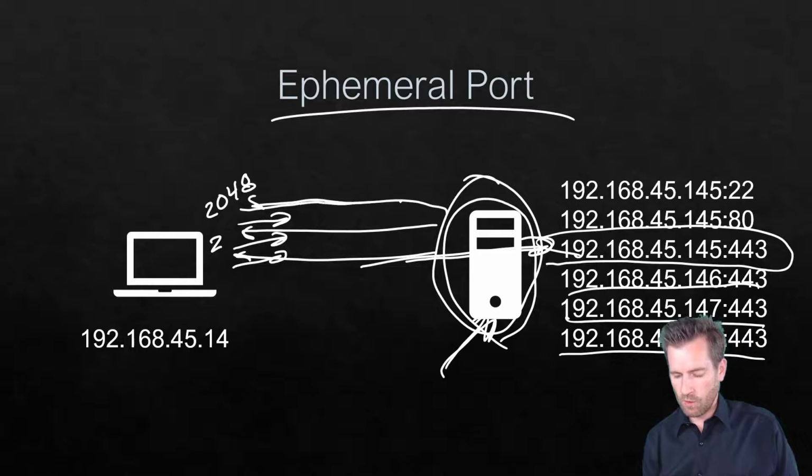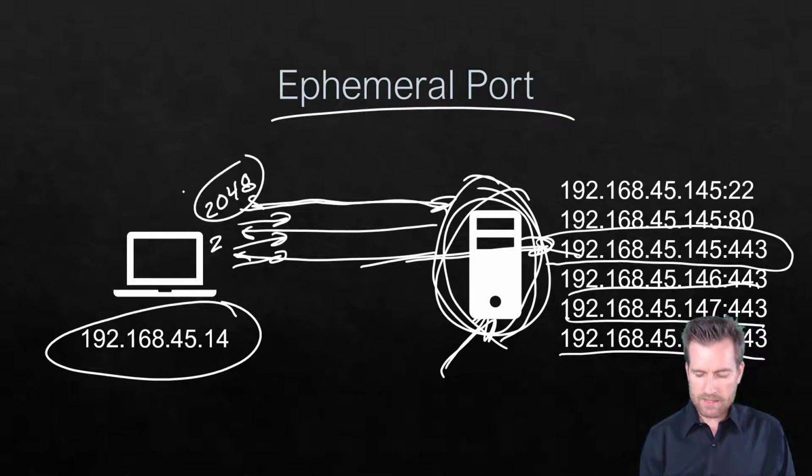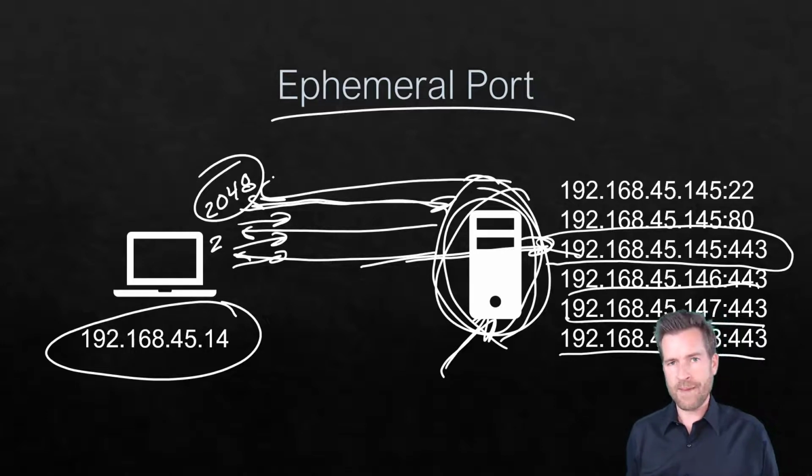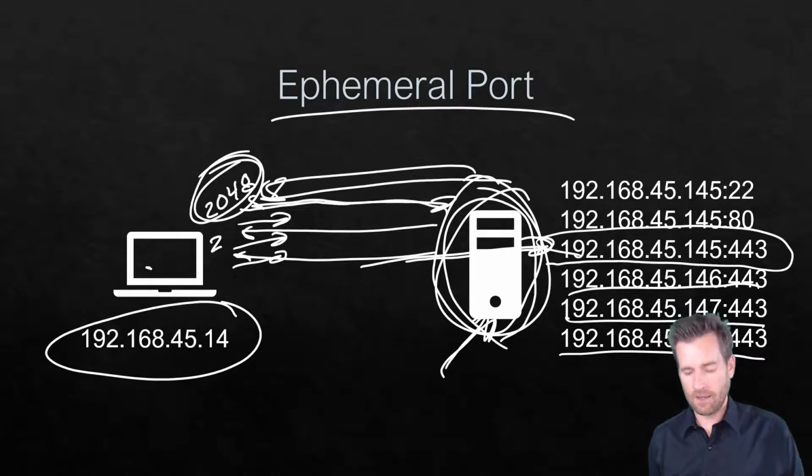That's the source port for the first request that comes over to the server. And the server is going to then track this IP address and this port in its reply as it replies back. So then it knows which data it's sent already to this machine right here.